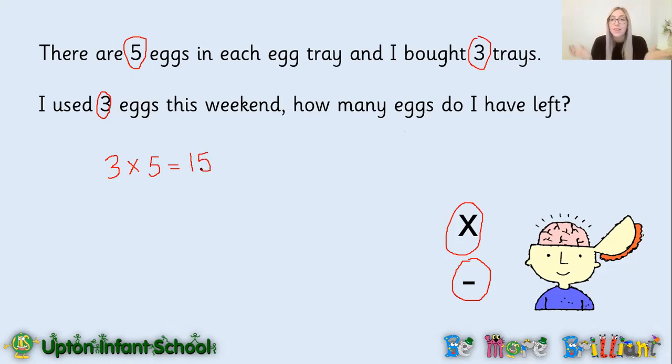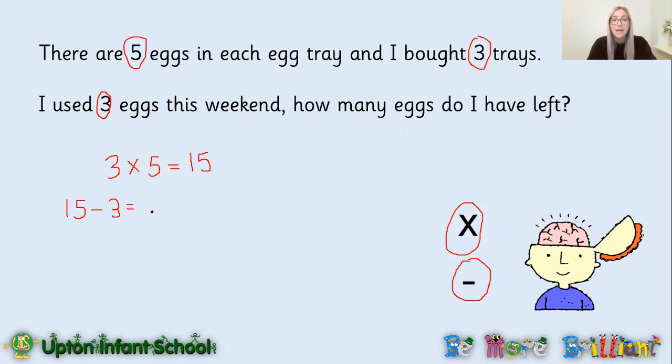But that's not the answer to the whole question because it says I used 3 eggs this weekend. How many eggs do I have left? So now we need to do the second part of the problem. So there were 15 eggs to start with. Then we are taking away 3 because 3 of them were used.